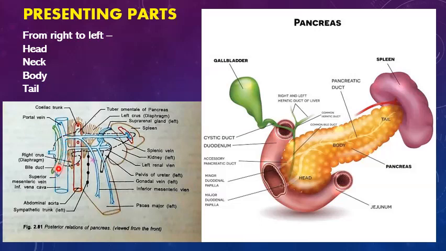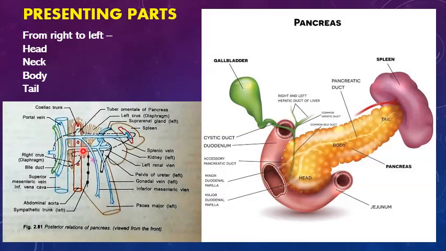This is the superior mesenteric and this is the splenic. Together they join to form the portal vein. This formation of the portal vein lies posterior to the neck of the pancreas.